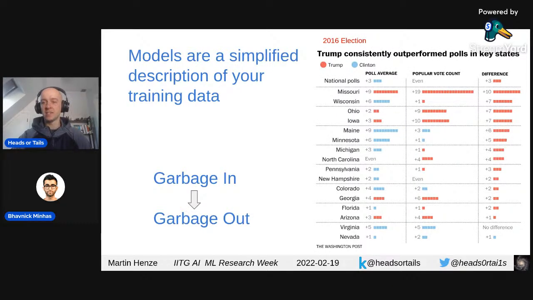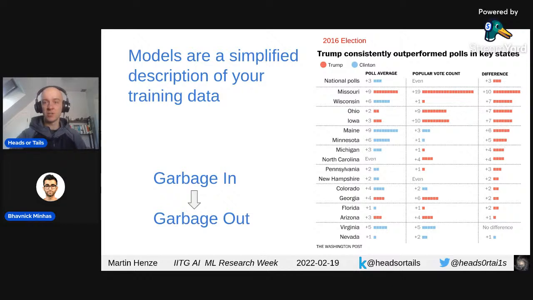We'll be looking at a very practical real-life example, which is the infamous United States 2016 election, where all the polls beforehand were essentially saying that the later President Donald Trump would not win because the polls were in favor of the Democrats. But then Trump consistently outperformed these polls in the key states, and all the sophisticated models that the pollsters had been building fell down and failed.